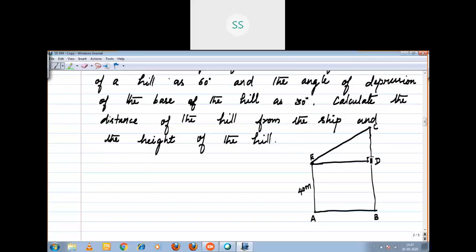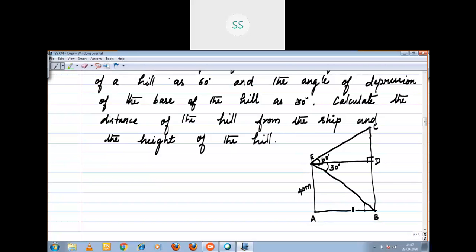You are drawing a horizontal line from E to BC. It will meet at D. It makes an angle 90 degree. Here it is 60 degree. You are seeing the base of the hill from this point, right? That it makes an angle 30 degree is given to you.